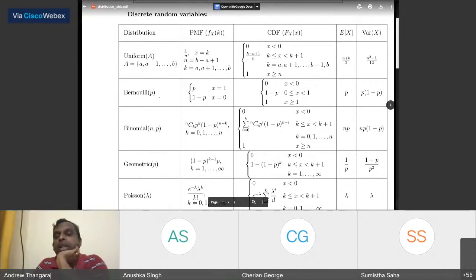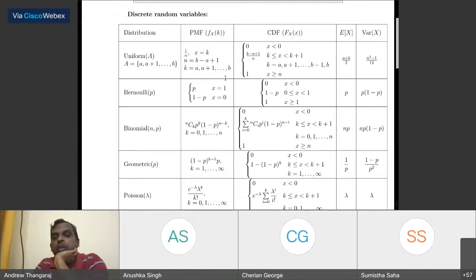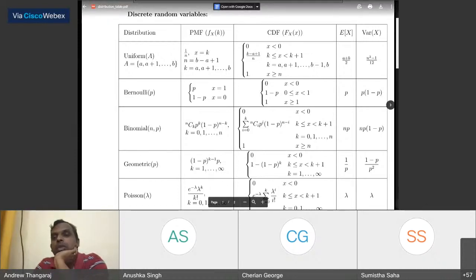The variance is (n squared minus 1) by 12. And what is n? n is b minus a plus 1. So you can see it's closely related to that.